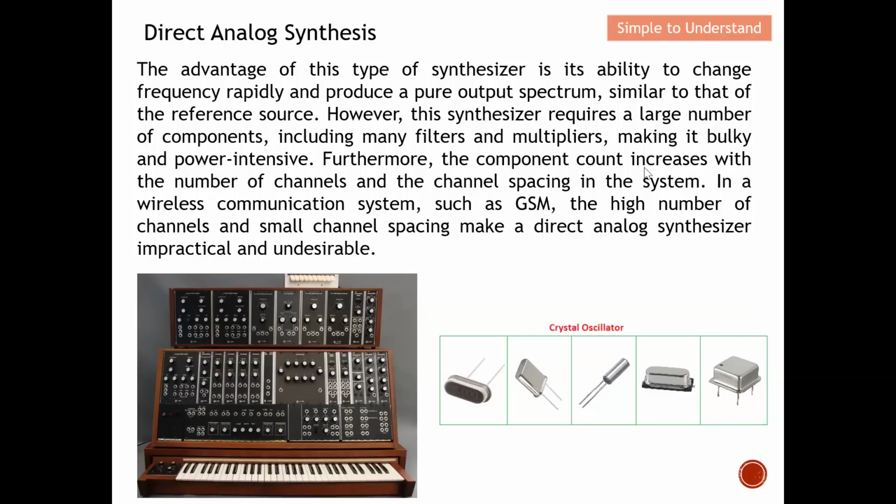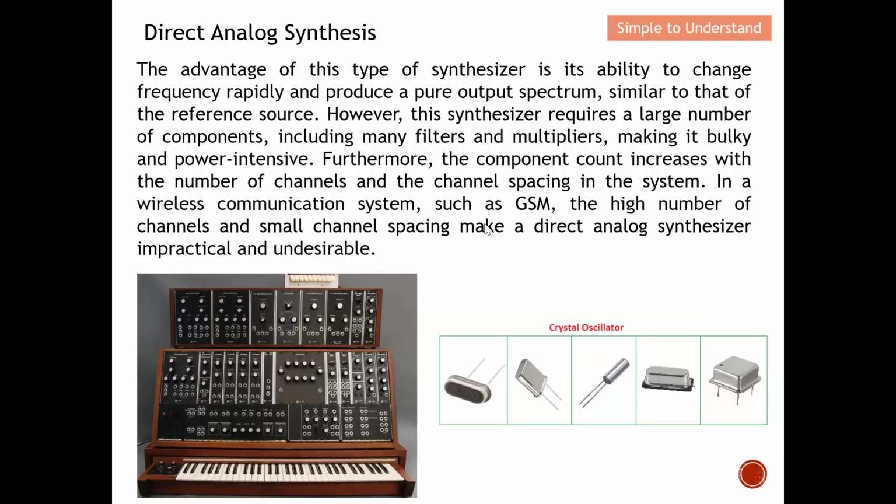Furthermore, the component count increases with the number of channels and the channel spacing in the system. In a wireless communication system such as GSM, the 2G era, the high number of channels and the small channel spacing make a direct analog synthesizer almost not possible and also undesirable.